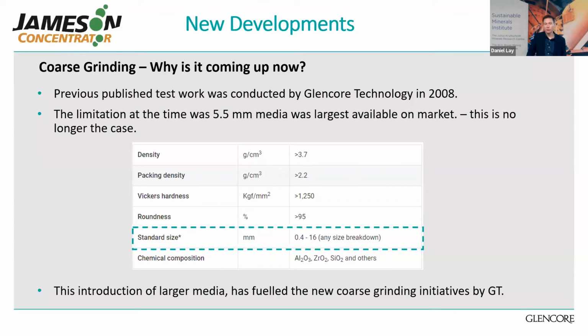So previously we were using 6 millimeter as our maximum size. You can now on the market get up to 16 millimeter ceramic beads. So yeah, a lot of our R&D focus at the moment is trying to process streams that are much coarser than what we have before.